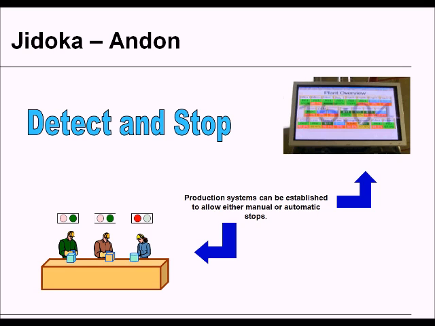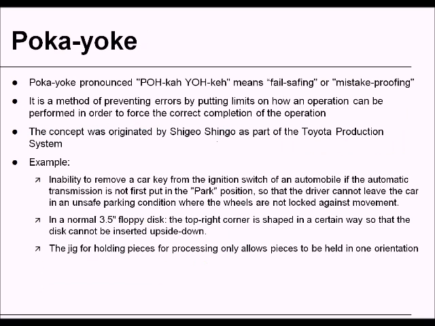You want to take away the human inspection part of it as much as you can and make it a part of the process. I'm a big proponent of building quality in instead of inspecting it in. And what I mean by that is poka-yoke. Basically, you're fail-safing the process. You're mistake-proofing it. You're not allowing the error to occur. That way, it inspects itself.